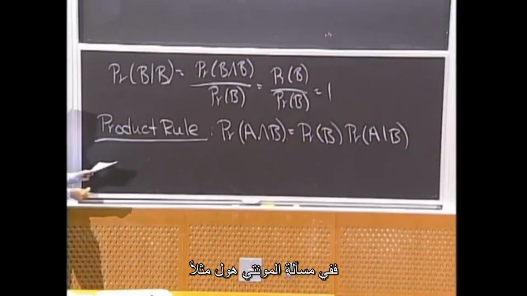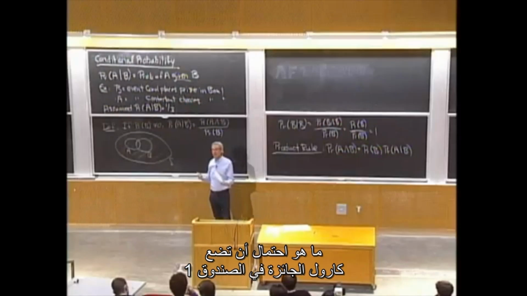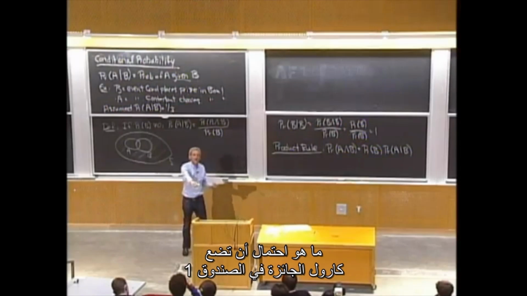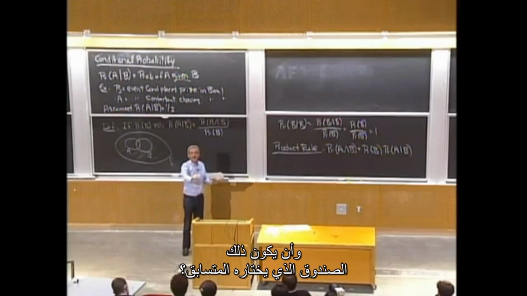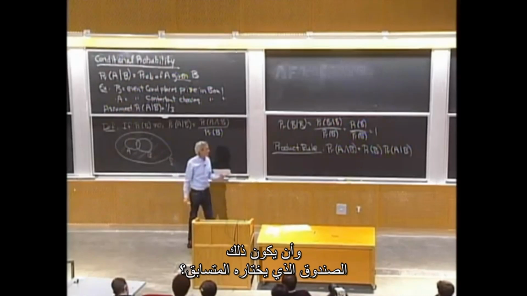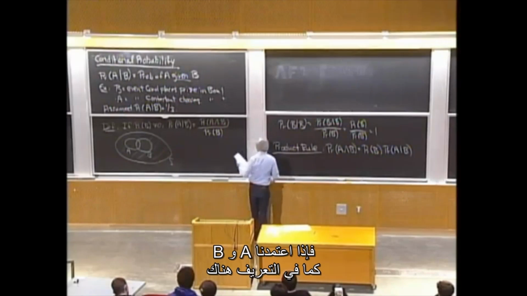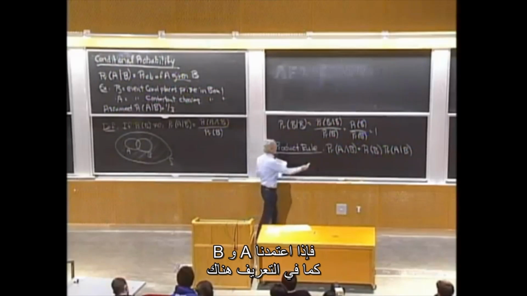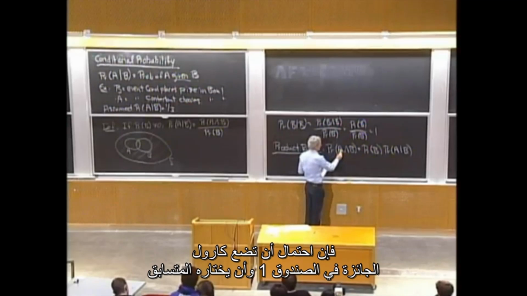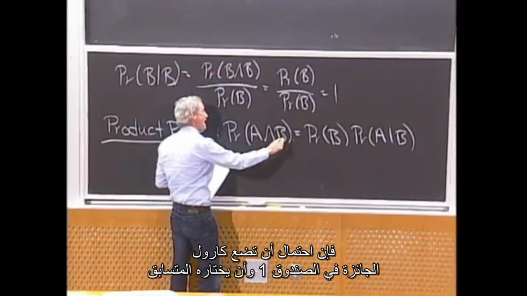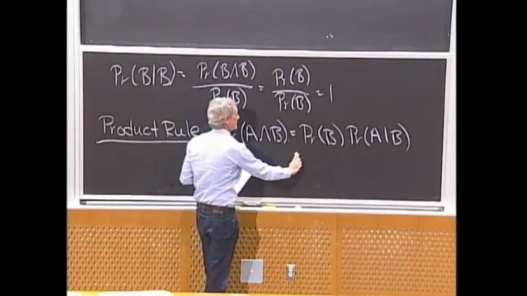So for example, in the Monty Hall problem, what's the probability that Carol places the prize in box 1 and that's the box the contestant chooses? All right, so if we took A and B as defined up there, that's the probability that Carol places it in box 1 and the contestant chose it.